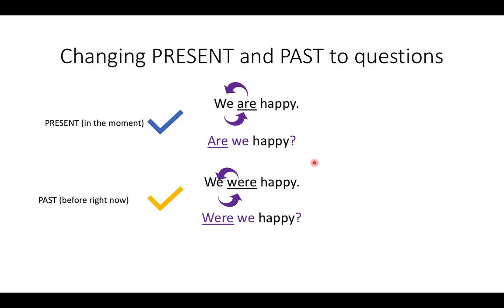And when you're speaking, a lot of times English speakers will make the last word go up in the sound that they're making. So instead of saying, are we happy? They will say, are we happy? And that usually lets you know if you're talking to somebody in English that what you're saying is a question.